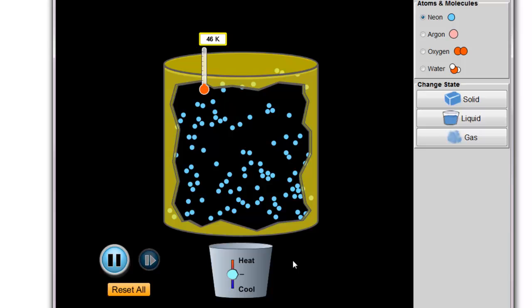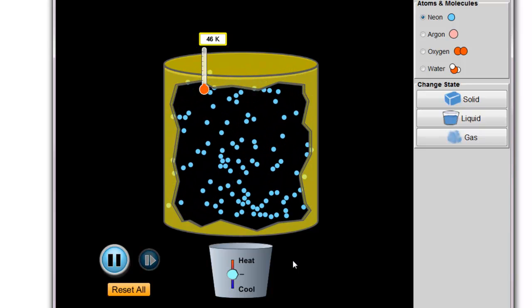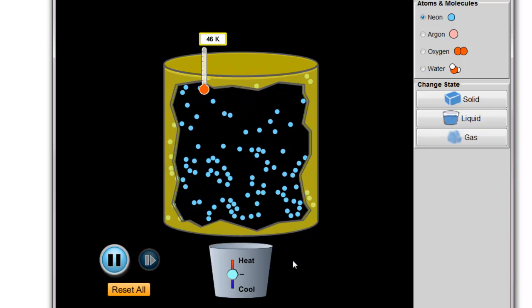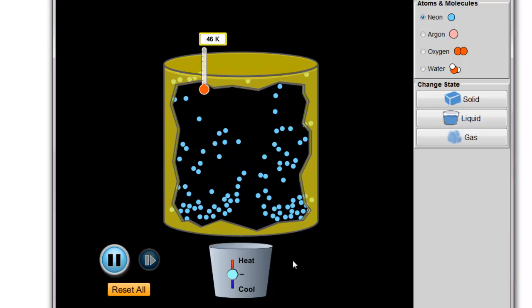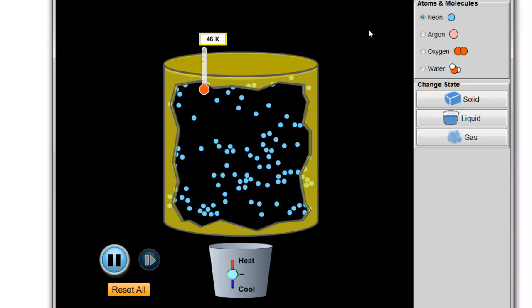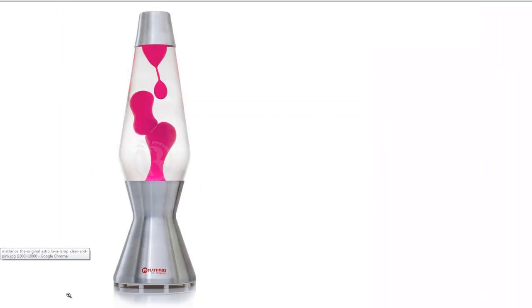The other thing I want to mention is that there are three different methods of heat transfer, three different ways that you can add energy or remove energy. Let me just illustrate those for you with some helpful illustrations. The first is called convection. While there are lots of examples of convection in weather and in the inside of the earth, I think one of the most helpful illustrations of convection is the lava lamp. The idea behind convection is that you have heating taking place at one area.